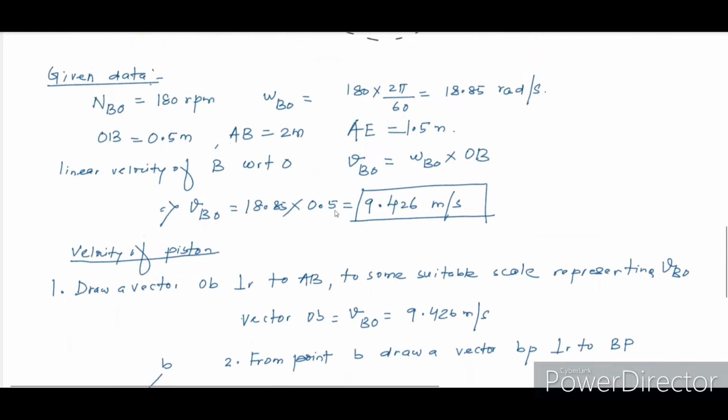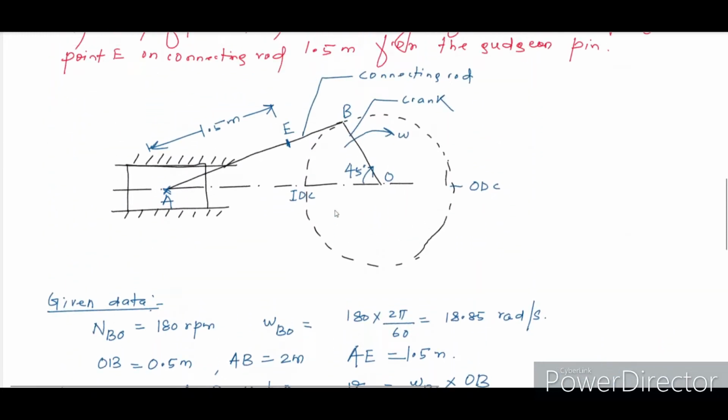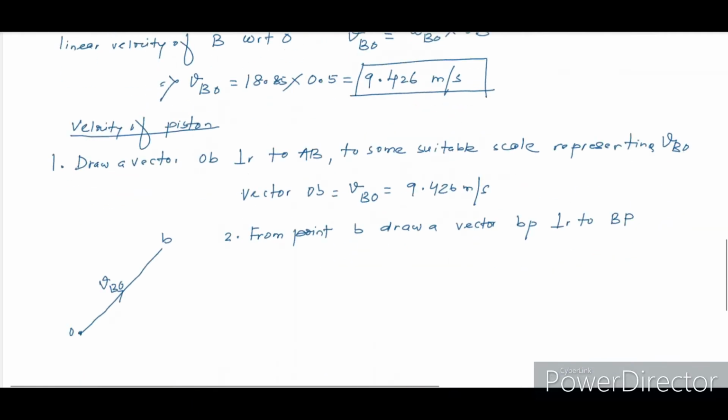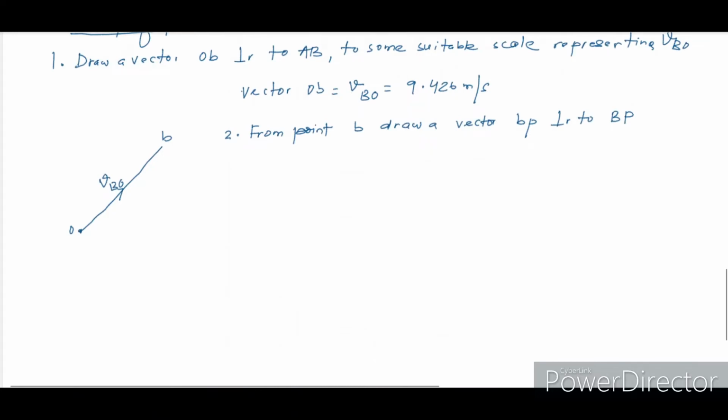Okay, sorry, I have not shown here the point P. This A is the slider and P is the point. Both are at the same instant, so we are writing here as P also. So P and A are same.